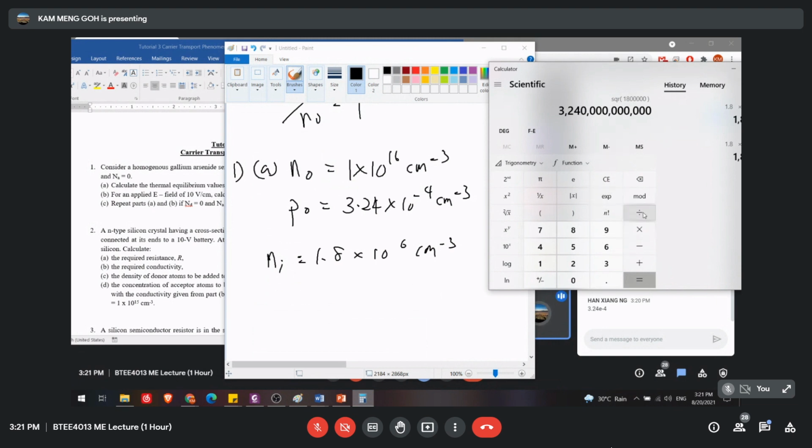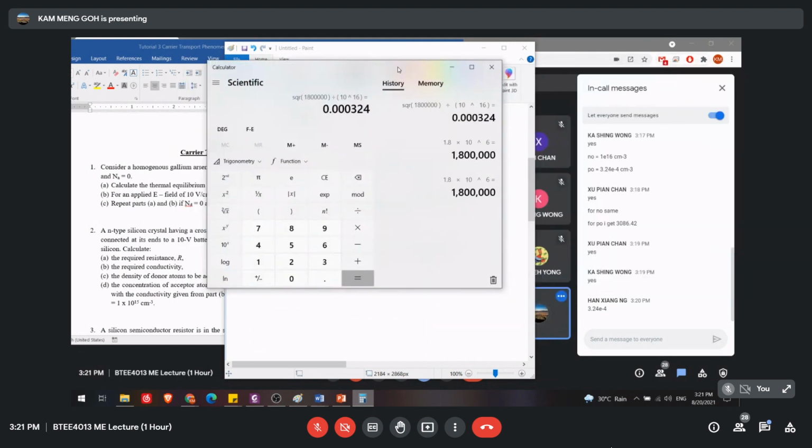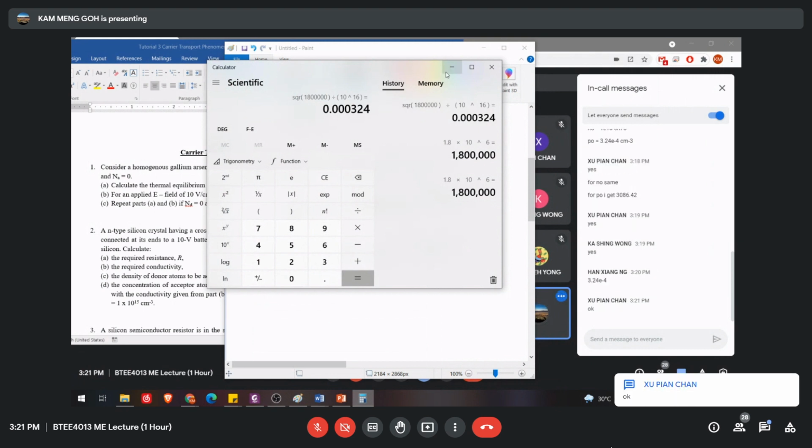And then you divide it by 10 to the power of 16. 0.000324. So you may want to check your answer again, to see if you made any mistake.